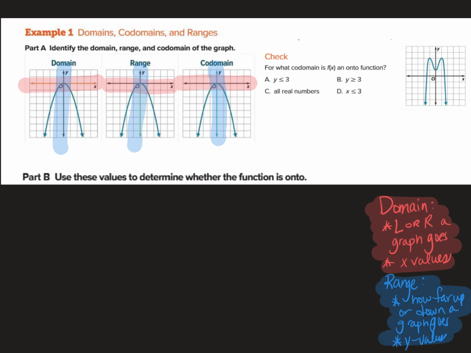Okay, let's go find the domain here. I'm going to use a black pen. Okay, the domain is the red. How far left or right does this graph go? Well, this graph is going forever down and to the left, and it's going forever down and to the right. So it's going forever to the left and to the right.